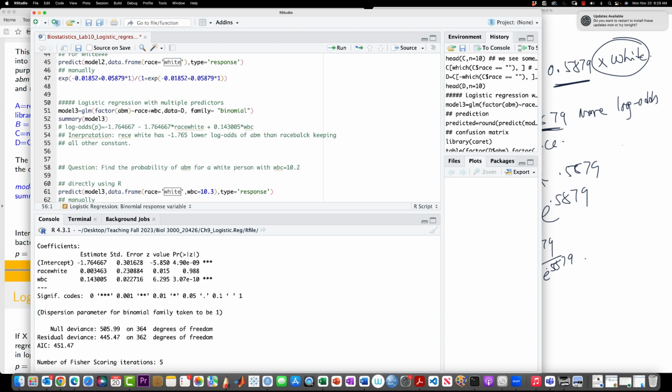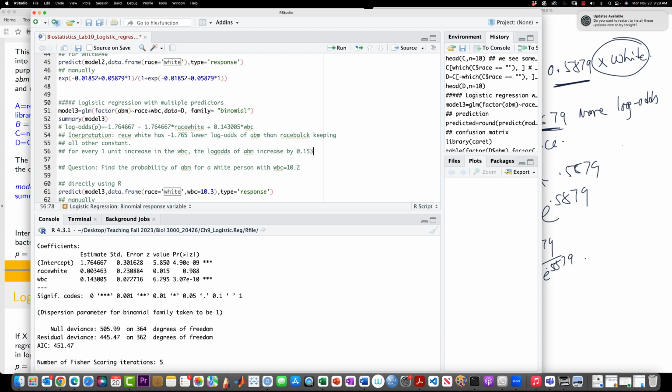Similarly, how do you interpret the WBC? Because WBC is numerical, for every one unit increase in the WBC, the log odds of ABM increase by 0.143.